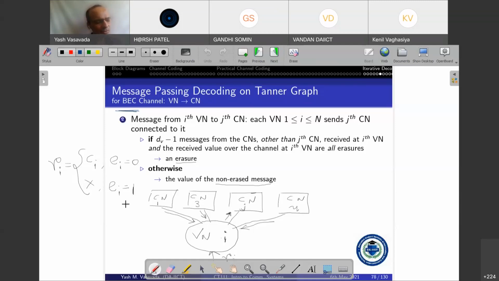I just want you to imagine in that case, what will be the value that CN1, CN3 and CNU will be sending to VNI in this ideal case when there are no bit flips? Its own value. Yes, right? This is the ideal case. There are no errors, and so all of the CNs will be sending the same bit to VNI. And that value will be same as R of I, because even R of I is not in error.